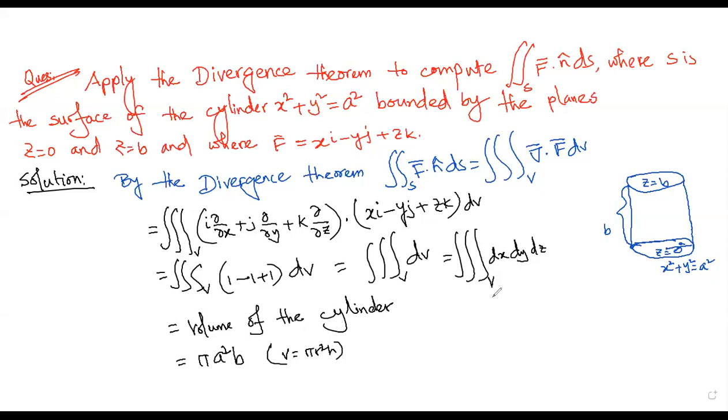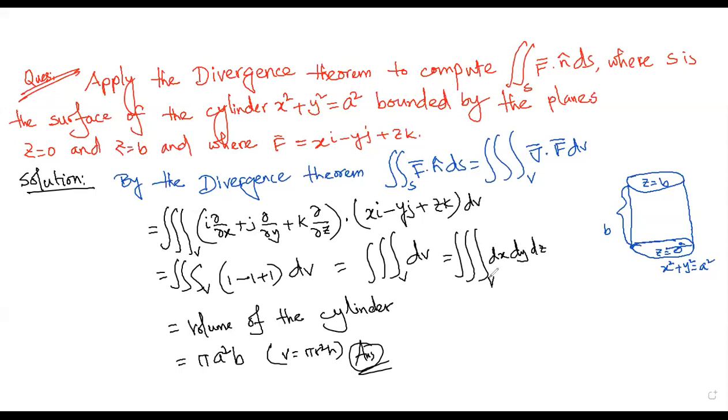So r square is a square, and h is b. So this is the solution. We do not need to find the surface integration, we just apply the volume integration, and according to the volume integration, we find this easily.